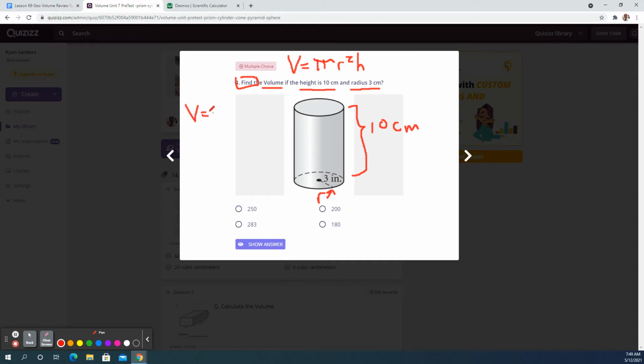Volume is equal to pi. Radius is 3 squared times 10 height.